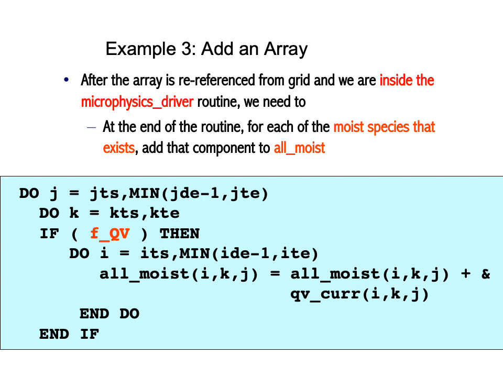That is all that we need to do to get an array that's filled inside of a physics routine, bubbled up out of a physics routine, and put into the WRF model history file. We make a state variable. That state variable is passed inside of the grid construct into the solver routine.